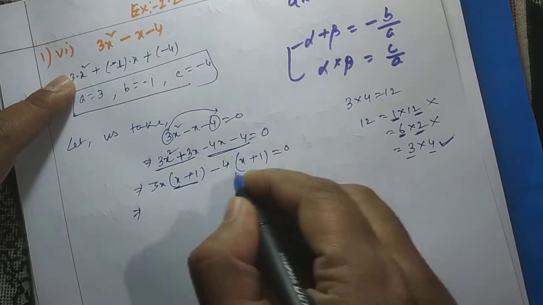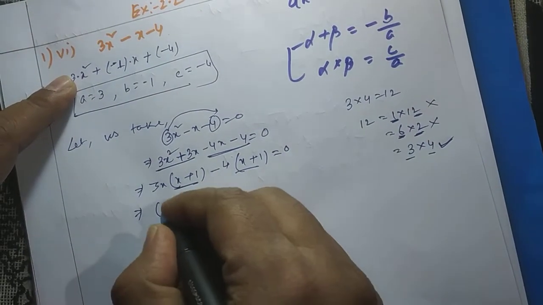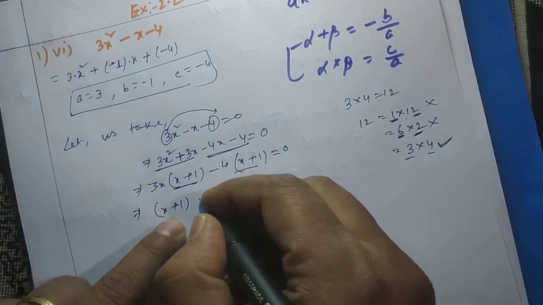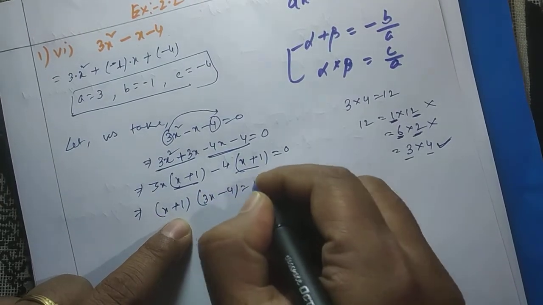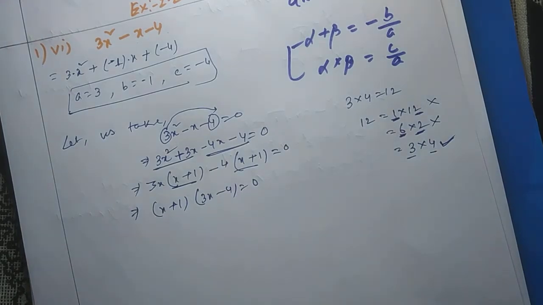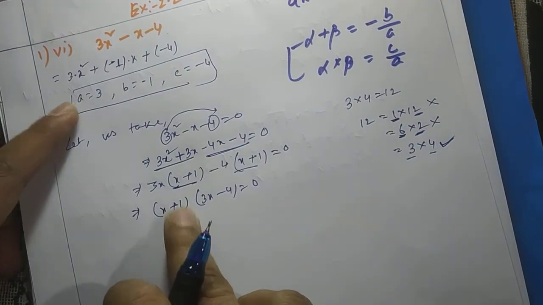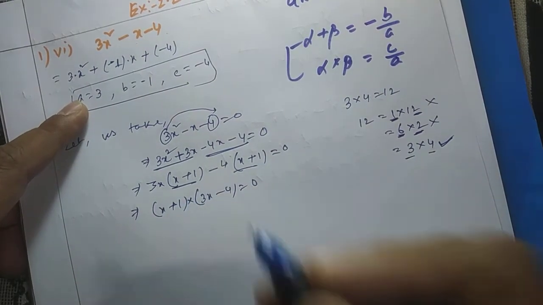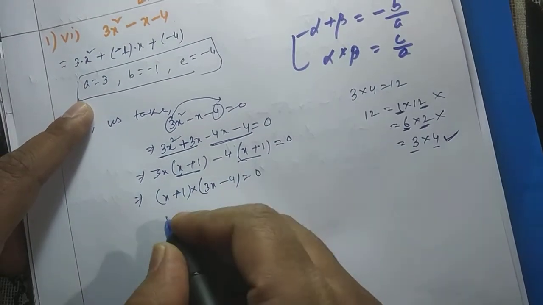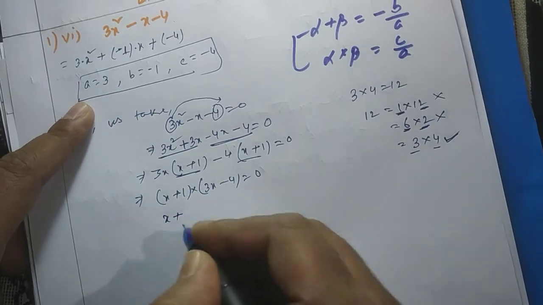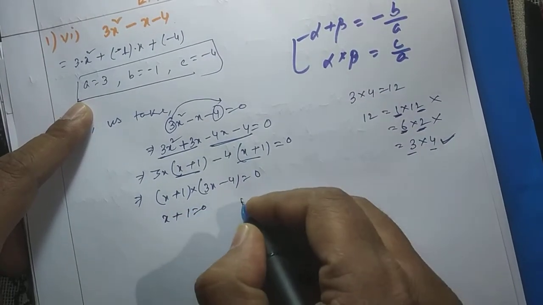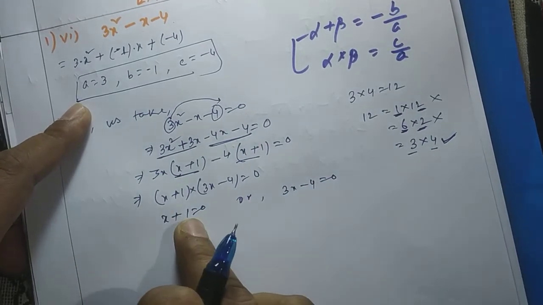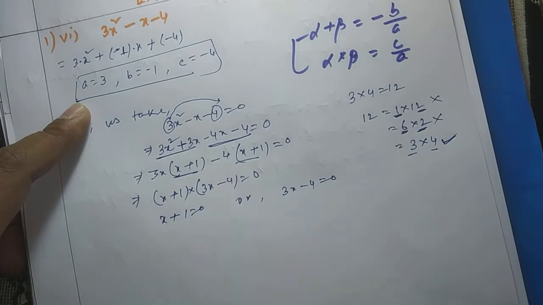Now it is a common factor from the whole. So taking x plus 1 common from the whole. So it becomes x plus 1 into 3x minus 4 equal to 0. Correct? So in this way we have got two linear factors in the left hand side and both are multiplied and equal to 0. So in the similar manner we can say either first factor is 0 or second factor is 0.